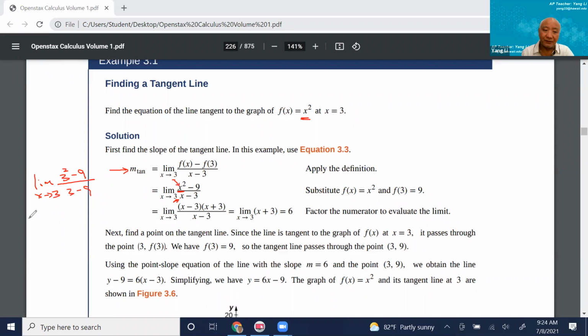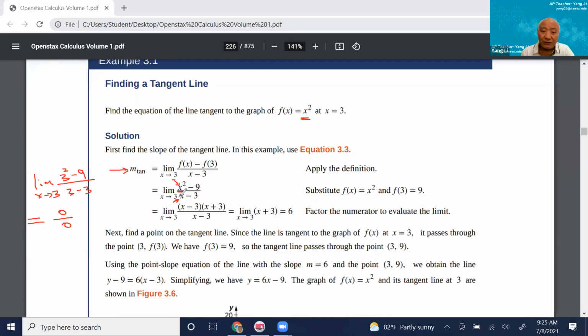You can see that something is wrong there. 3 squared is 9. 9 minus 9 is 0, right? And the bottom one is x minus 3 here, right? So you have what? 0 over 0 type. This is called indeterminate. We cannot solve this one.